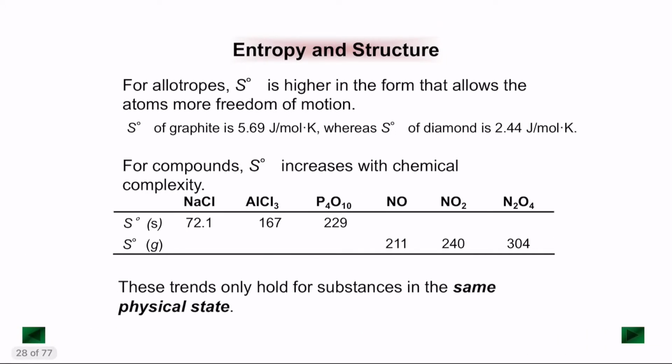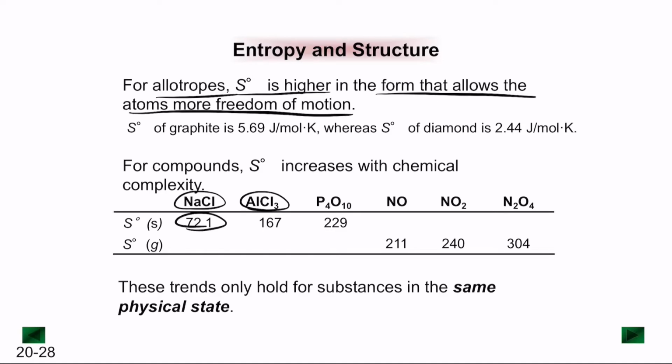Allotropes are different versions of the same material. The entropy is higher in the form that allows the atoms more freedom of motion. For example, compare NaCl with AlCl3. Notice that it starts at 72.1 and increases to 167, because there is more freedom of motion.